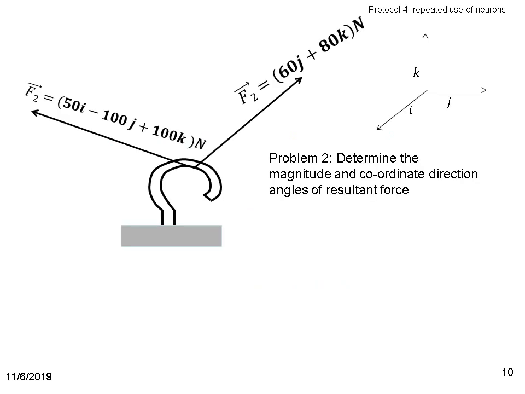Another problem. In this case, two forces are given. Find the magnitude and direction cosines of the resultant force vector. To find the resultant, just add the two vectors.